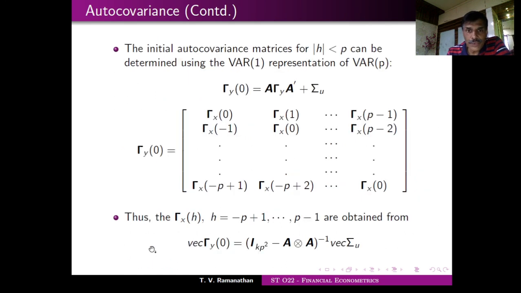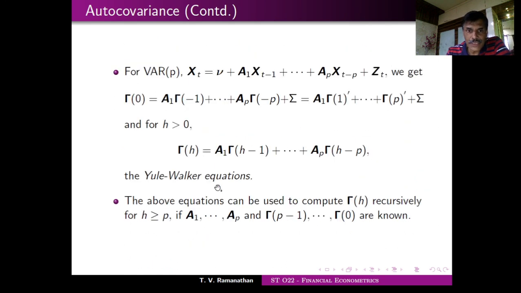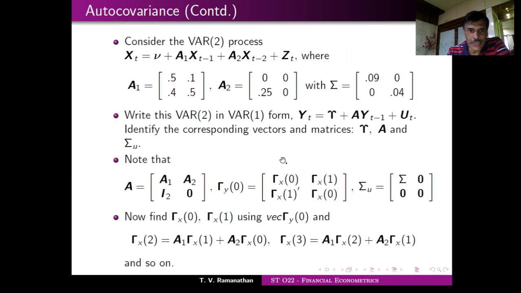How do you get gamma x2? You can obtain that from this notation. So you'll be able to get it from here. A1 gamma x3 is A1 gamma x2, like that. So that's what is written. 2 is equal to A1 gamma x1 plus A2 gamma x0. 3 means 2 plus this.